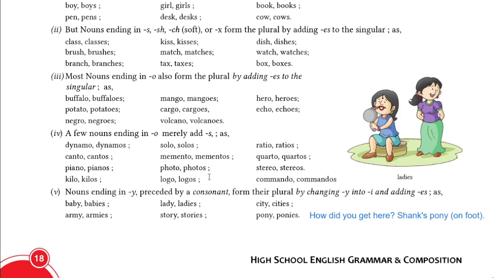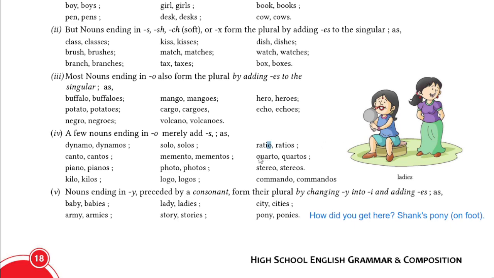Logo will change into logos. Ratio is a noun in singular number, ending in o. It would simply take s to form its plural, ratios. Quarto. Quarto is if you fold a piece of paper twice to get 8 pieces, each piece would be called a quarto.